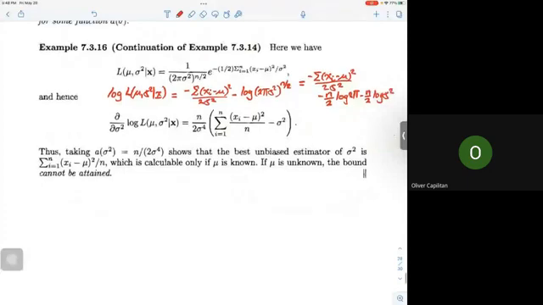So here we have the partial derivative of the log likelihood of sigma square given our sample with respect to sigma square. Okay? So, take the derivative. Here it is.